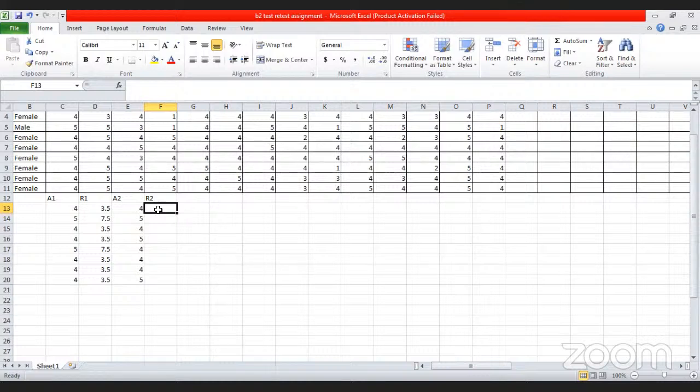Clear? It is 3. So we will put 3 for all the 4 because the rank is 3.